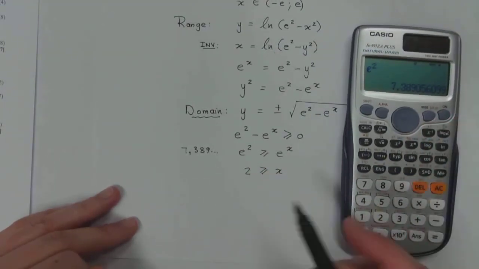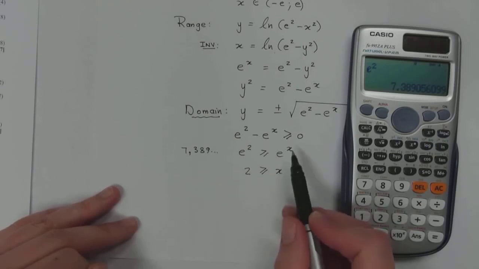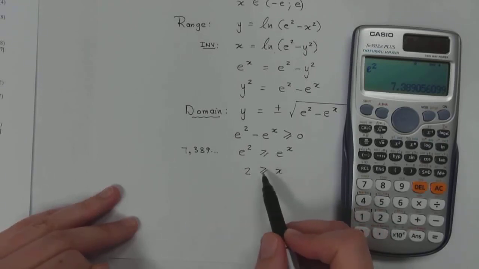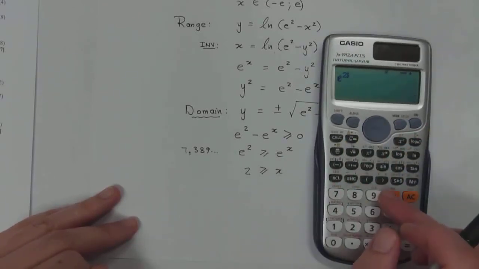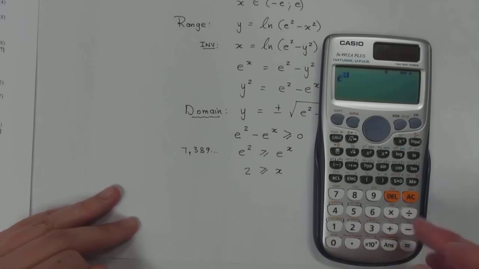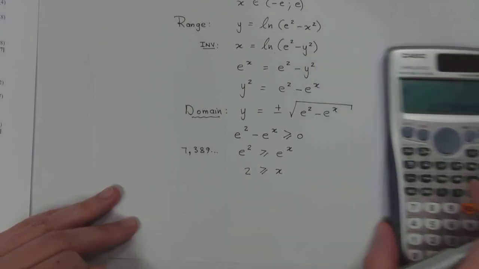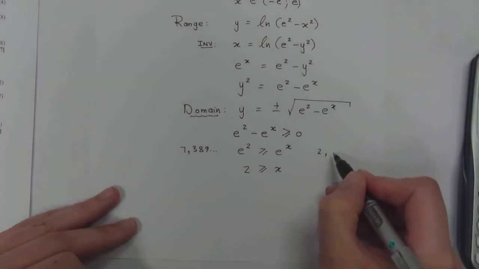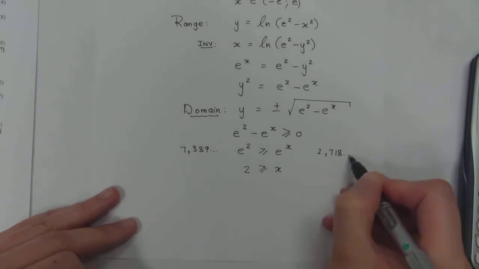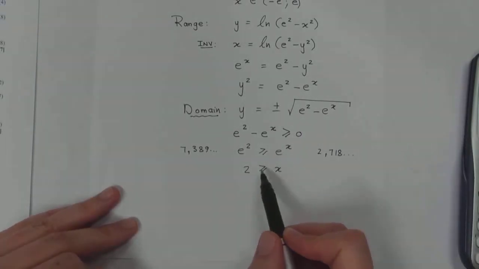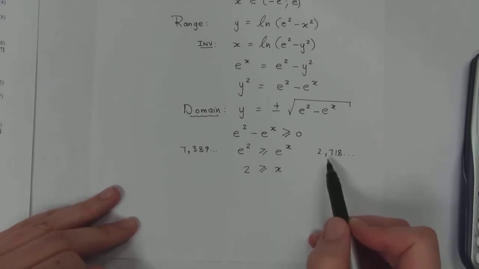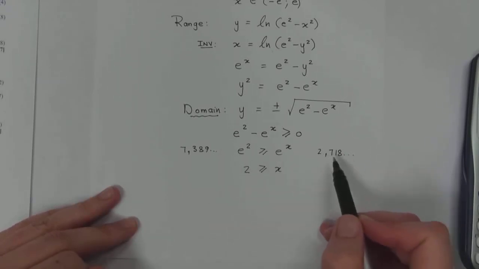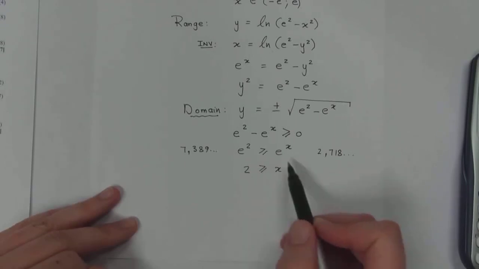And I want to know if I take x over here to be a value less than or equal to 2. So let's make x equal to 1. So e to the power of 1, which you don't actually need the calculator for, is going to be 2,718. So my question is simply, if x is less than or equal to 2, does that mean that this is less than that? Yes, it does. So I know this is my answer.